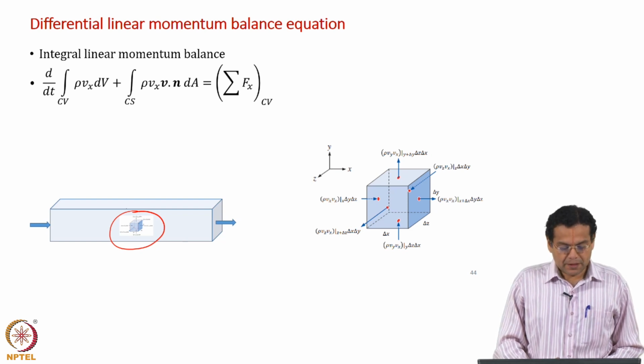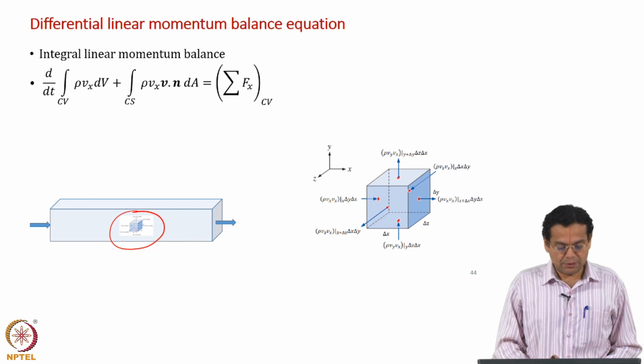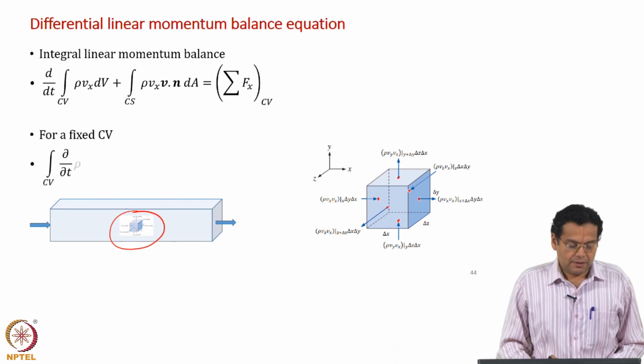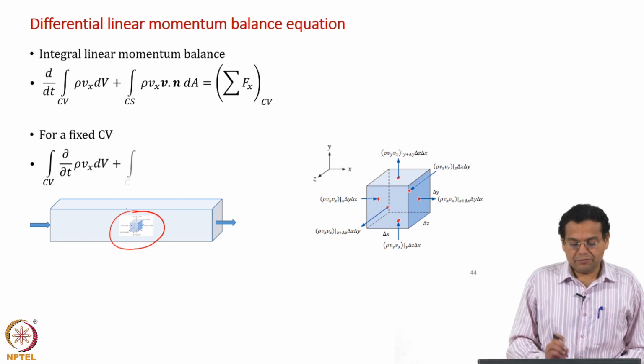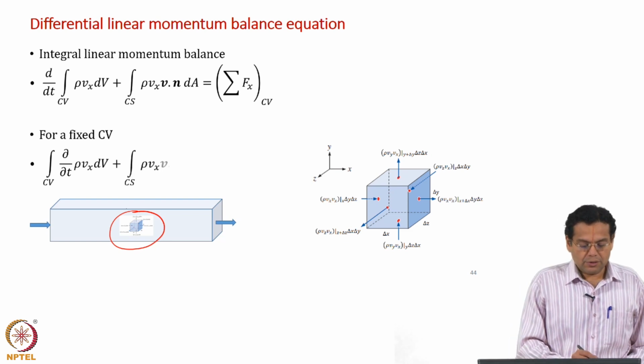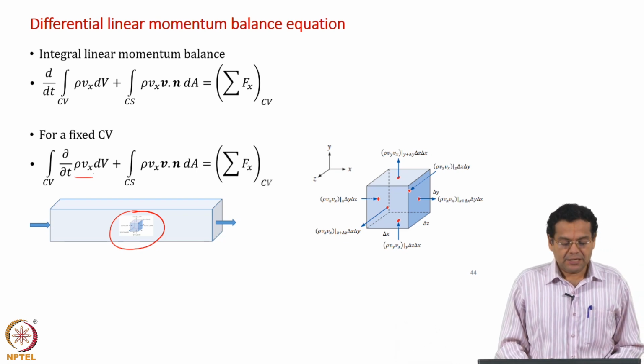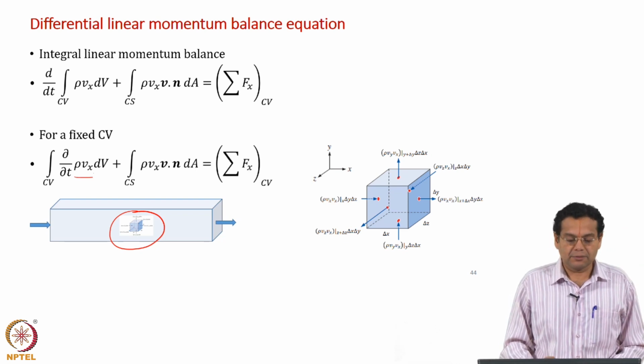Now, we consider a fixed control volume. So, we can bring the time derivative inside the integral sign, and when we bring it inside, rho v x can be a function of both space and time. So, it becomes a partial derivative.